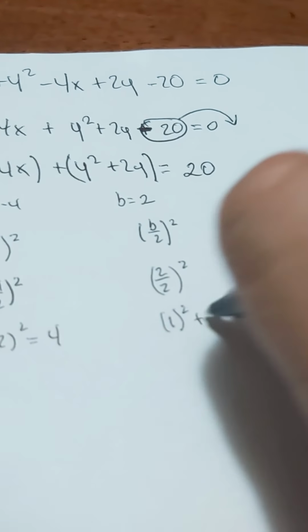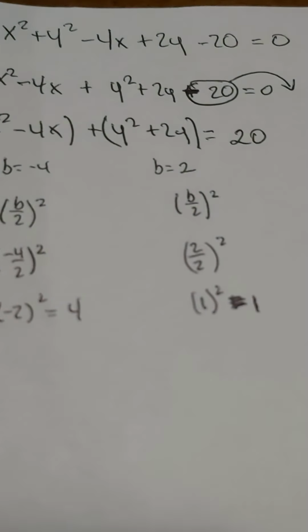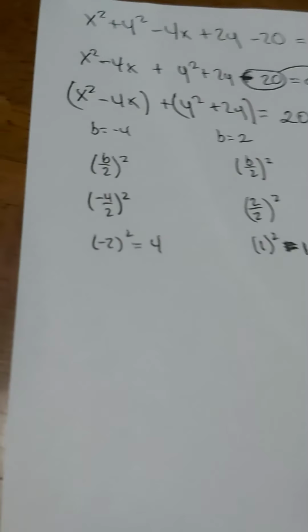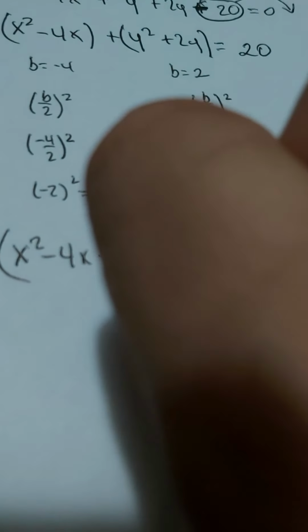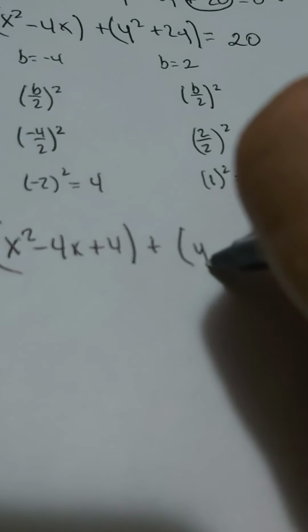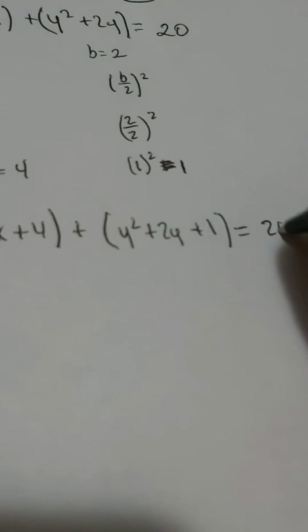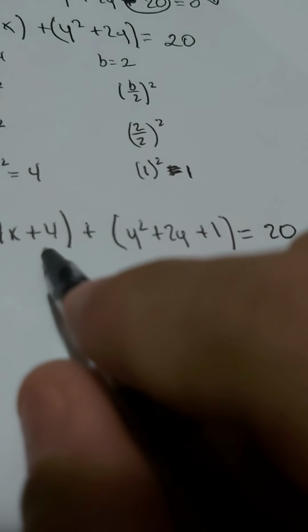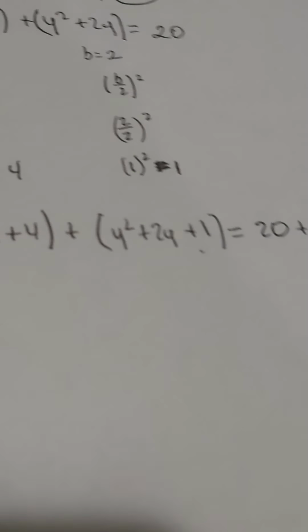That's 1 squared, that's equal to 1. So we get x squared minus 4x plus 4 plus y squared plus 2y plus 1 equals 20. Since we add 4 and we add 1 on this side, we have to add 4 and 1 on the other side.